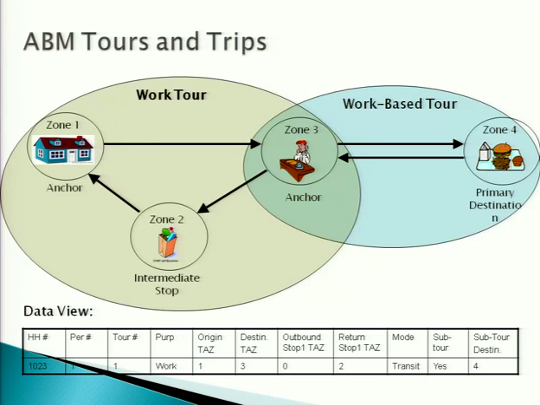And the nice thing is the data is going to be like a database, like a table of data, where each record is a person, and then each column is going to be additional information. So it'll be like how many trips they made, where their work location is, how many tours they make that day, and then how many trips on the tour. And so we're working with tables of information as opposed to these matrices.